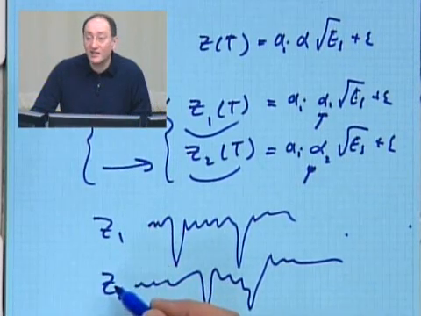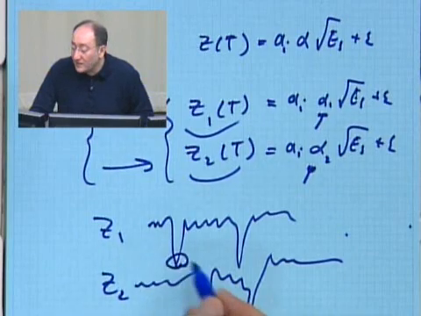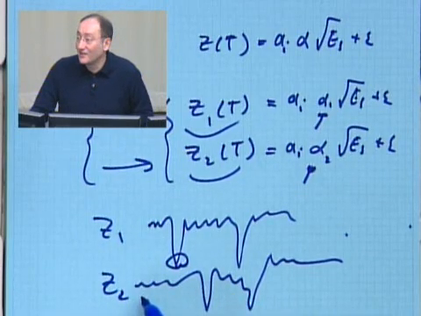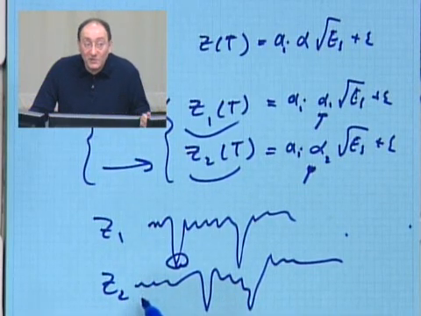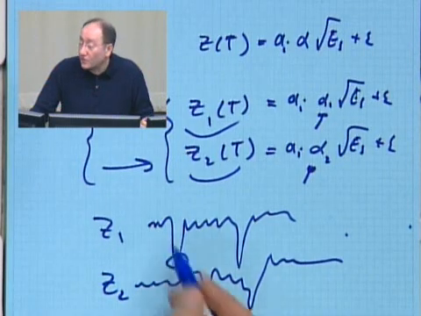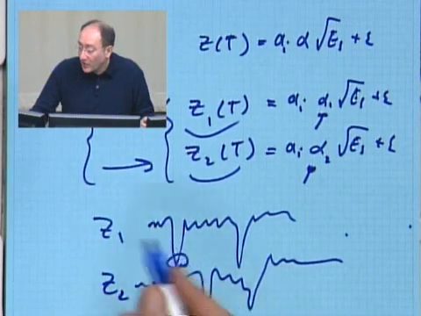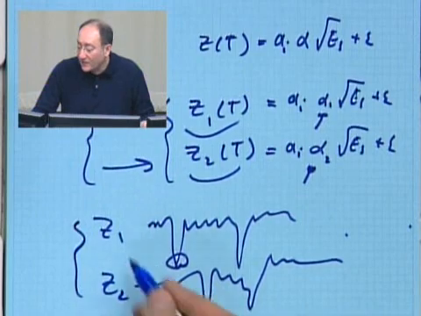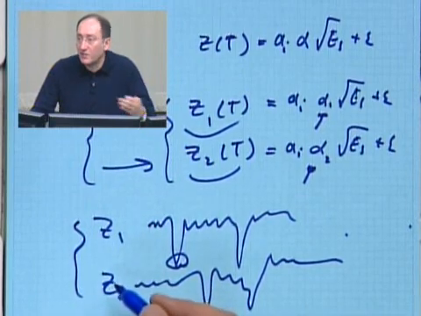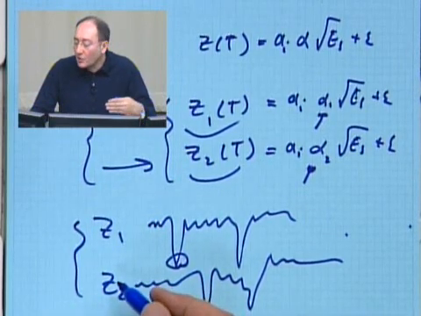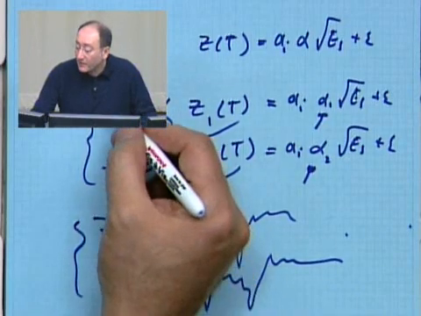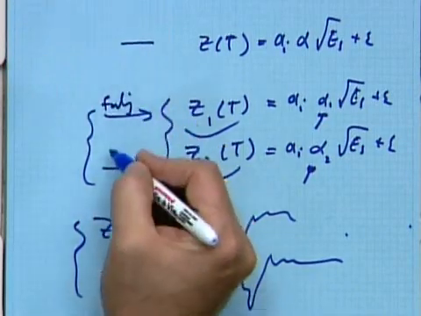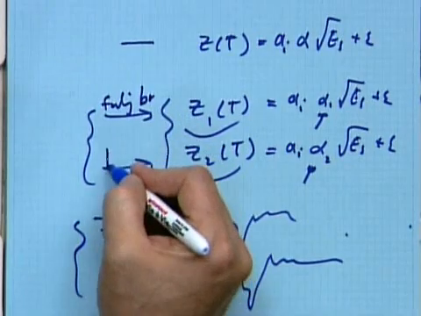Anytime Z2 is greater, I take Z2. Whenever I'm in fade in this one, of course the other one may not be in fade. The probability of having both of them in fade is small. So if I have this rule that whichever is larger, I pick it up, I'm combining my fading branches.